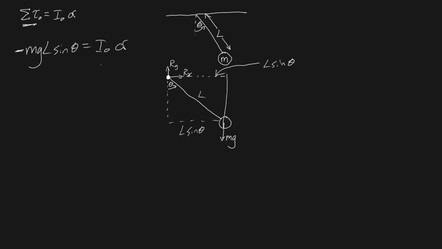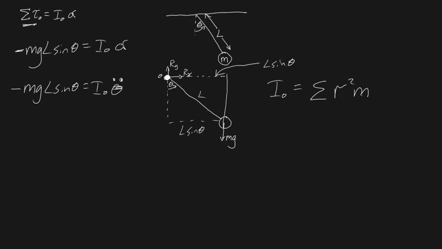Okay, well let's continue this. We can rewrite this now as minus mg L sine theta is equal to I0, your moment of inertia around your pivot point, times alpha, or in other words, theta double dot. Well now this becomes a matter of calculating your moment of inertia. We've chosen this point as our center of rotation, so let's see if we can figure out I0 from that. Remember, I0 is equal to your sum of r squared m.